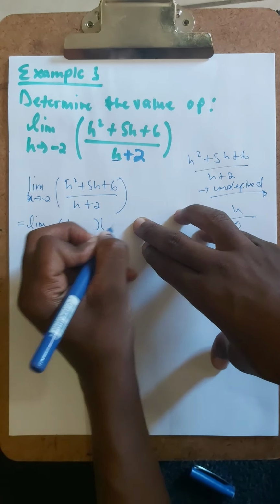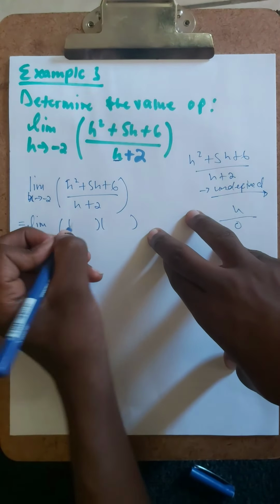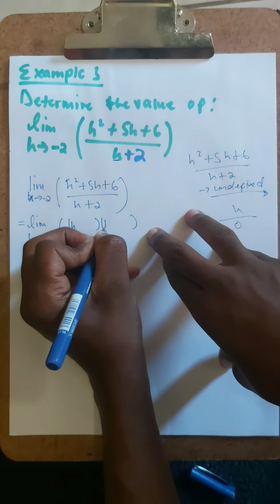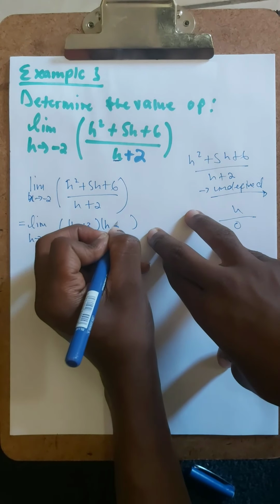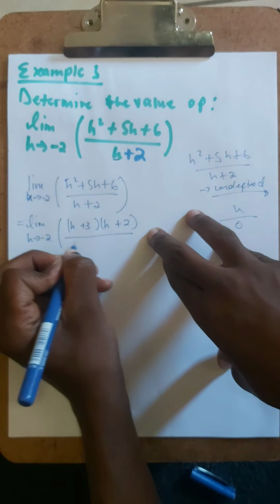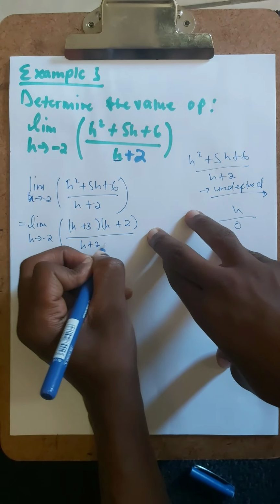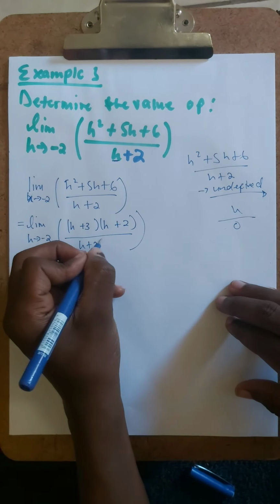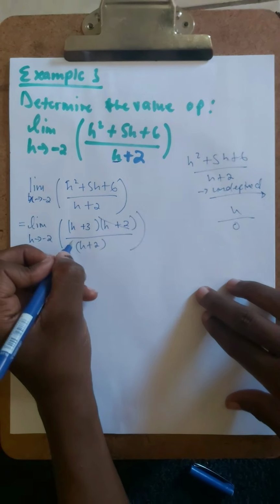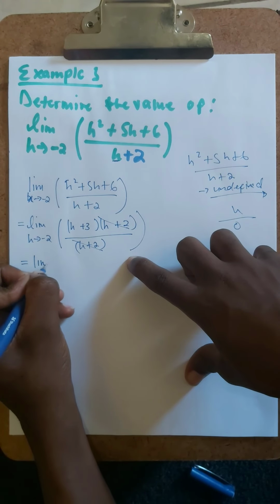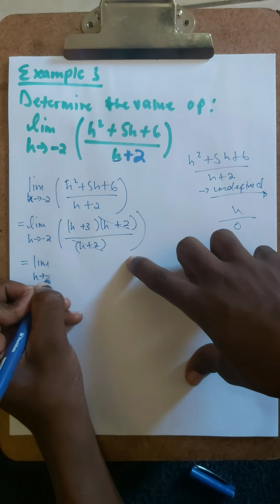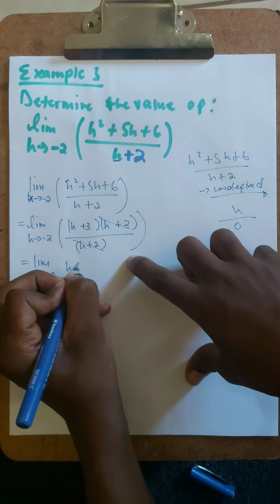As you can see, this is a trinomial: (h plus 3)(h plus 2) divided by (h plus 2). From here you can see the h plus 2 cancels. So the limit when h approaches minus 2 is h plus 3.